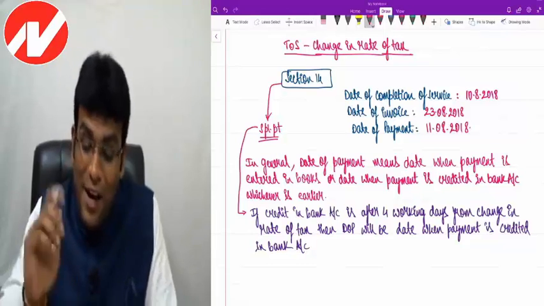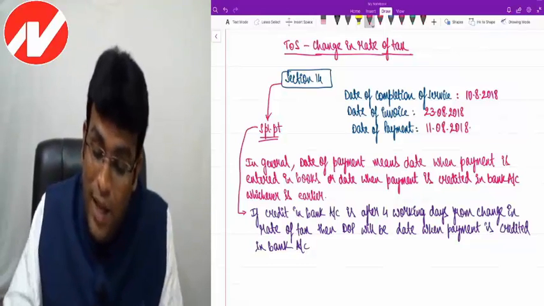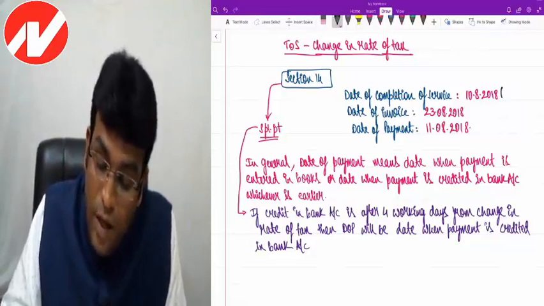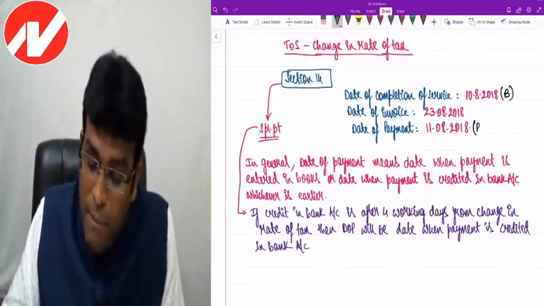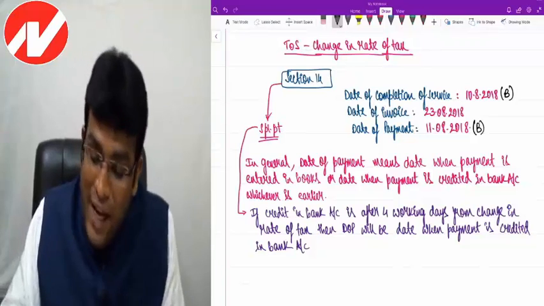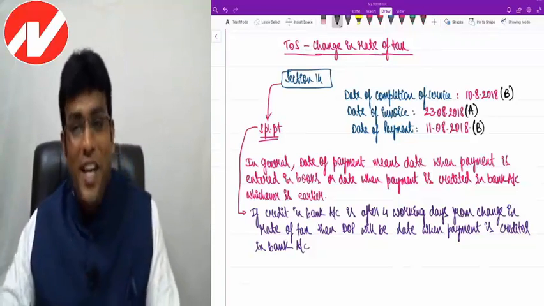Clear, friends? Now the interesting point is services before change in rate, payment also before change in rate, whereas invoice is after change in rate.